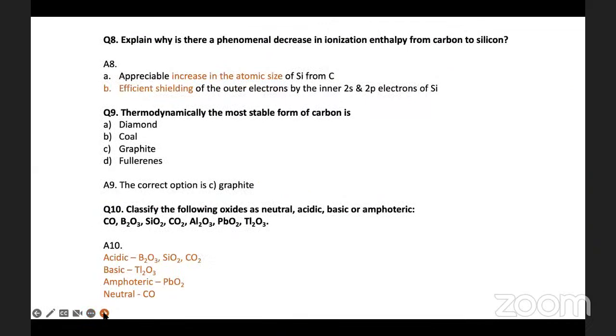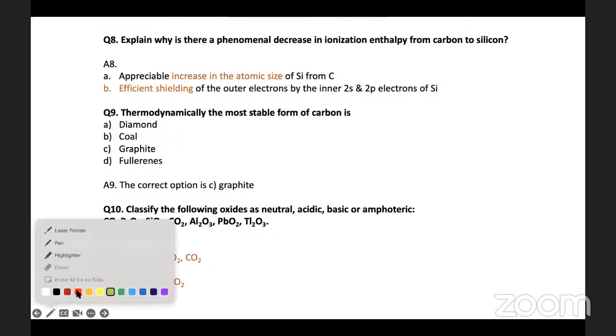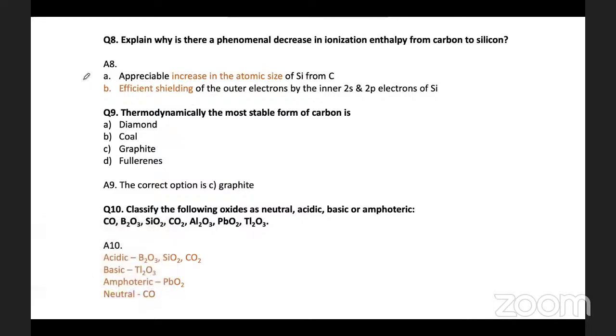Now, the next question is to explain why there is a phenomenal decrease in the ionization enthalpy from carbon to silicon. There are two reasons that can be used to answer the question. The first one is the appreciable increase in atomic size from carbon to silicon.